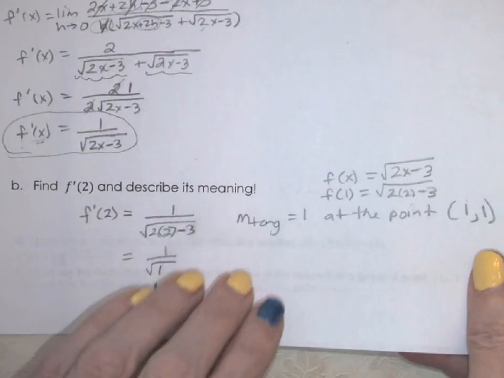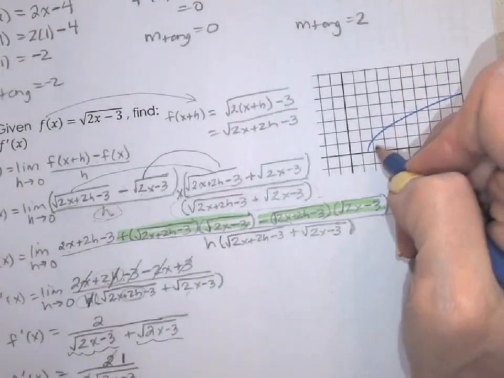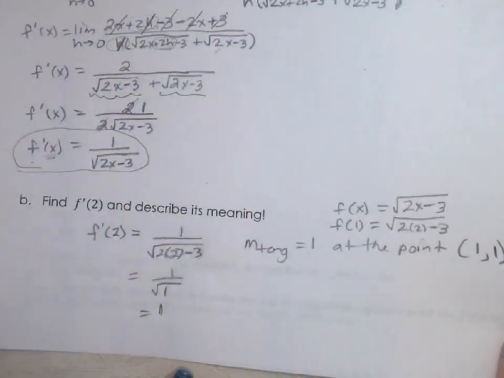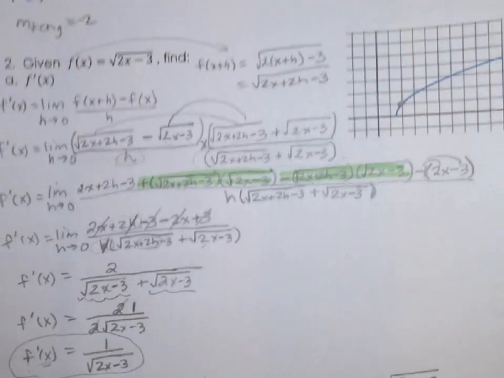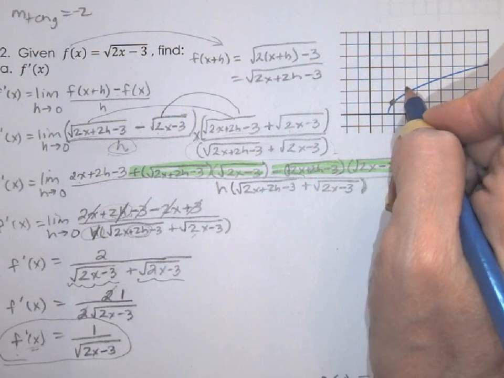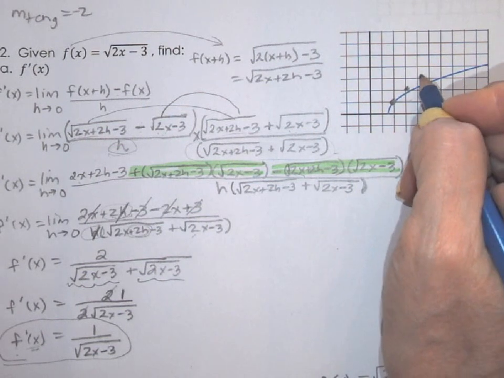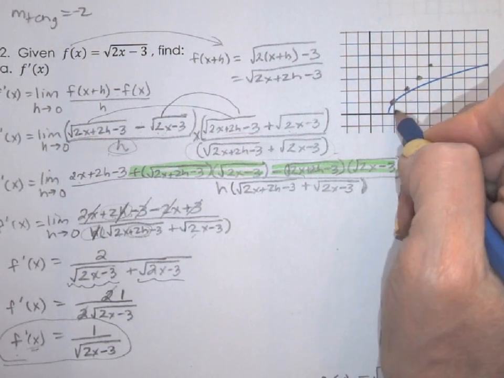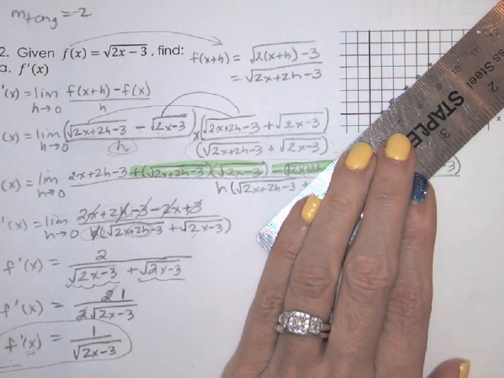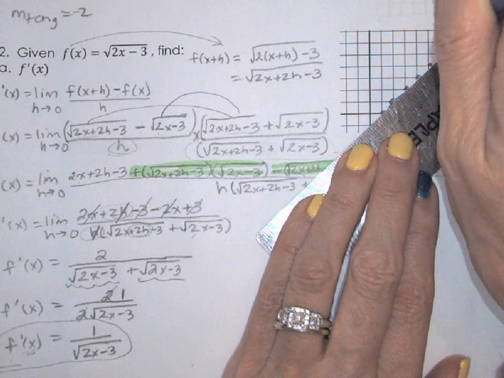So let's look at our graph at the point 2, 1, and see if it makes sense that the slope of the tangent would also be 1 there, which means from this point I would go over 1, up 1, which doesn't touch the curve again, over 1, up 1, reverse it, and I should see that that looks like the slope of the tangent.